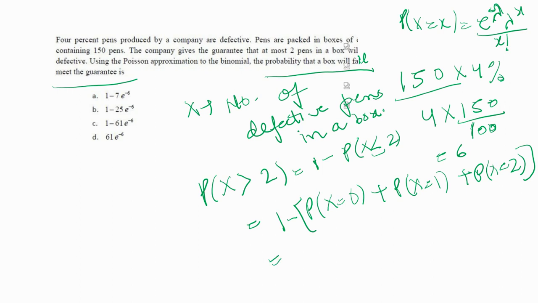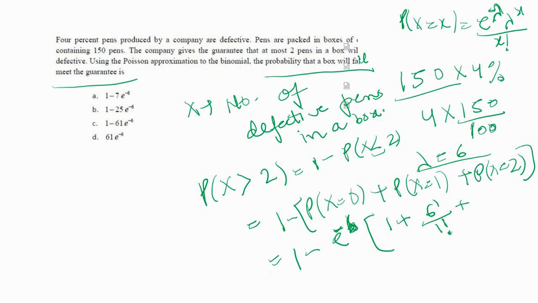Now e to the power minus lambda is a constant. Okay, so lambda is 6 here. So e to the power minus lambda, we can take it out. So it will be 1 minus e to the power minus lambda, which will be e to the power minus 6. And then when x is equal to 0, lambda to the power x will be 1. Simple. When x is equal to 1, it will be lambda. Lambda given here is 6, so it will be 6 to the power 1 by 1.